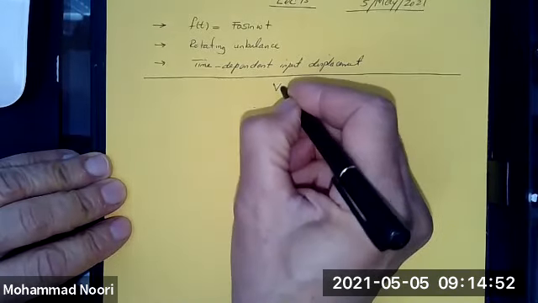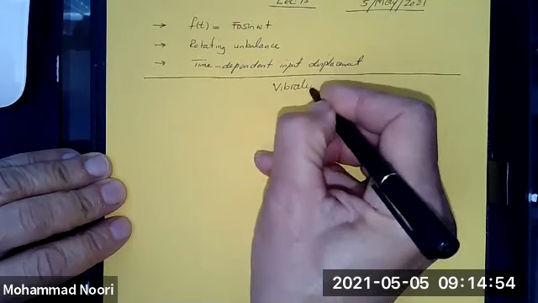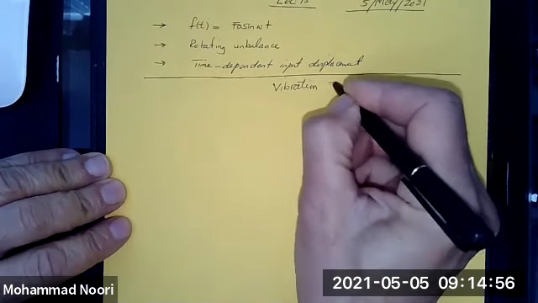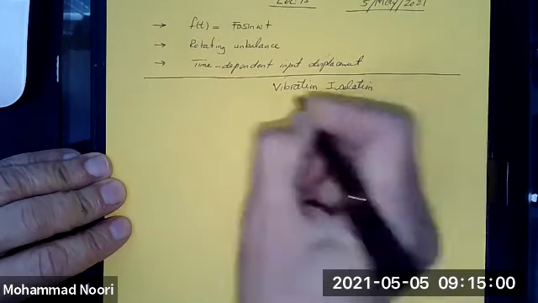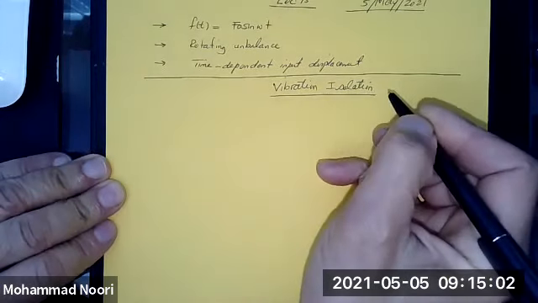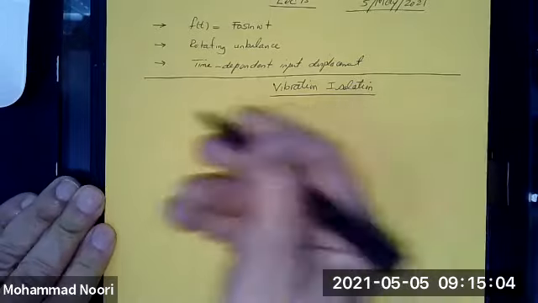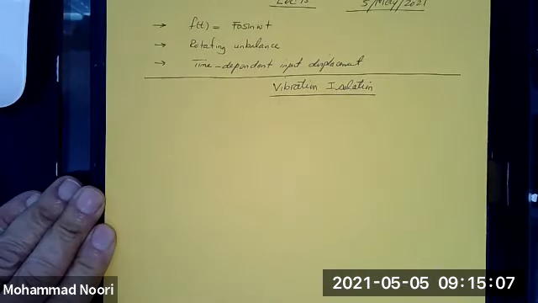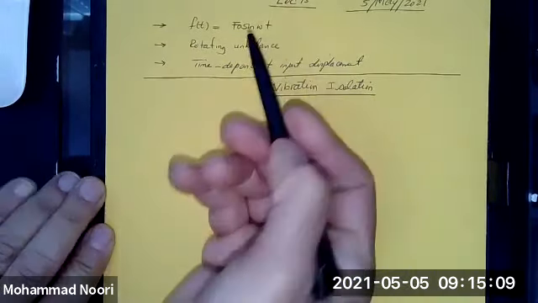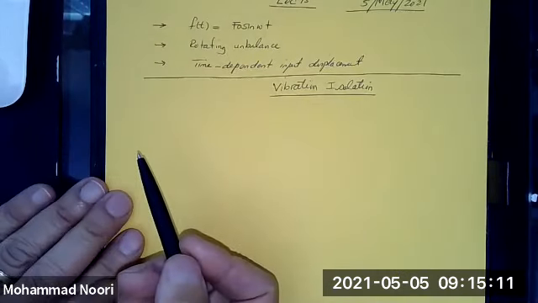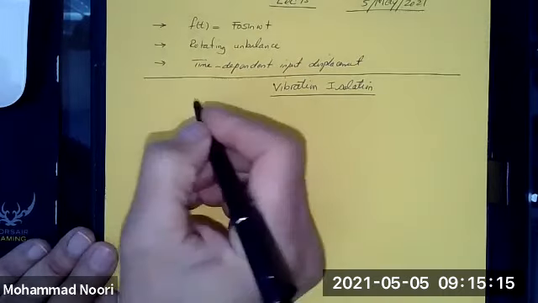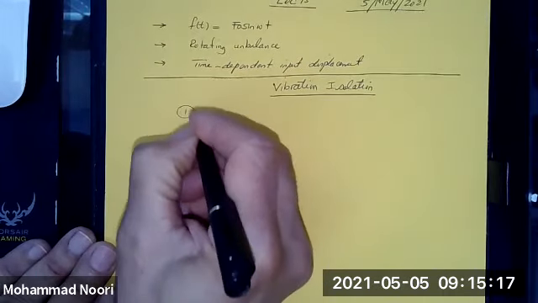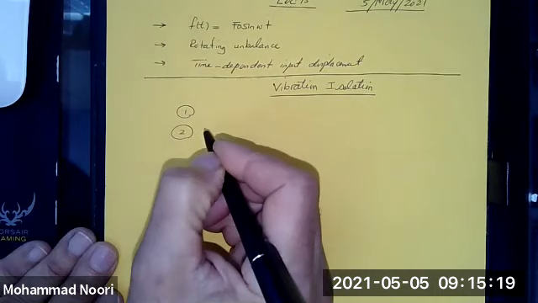So that brings us to a topic called vibration isolation. Okay. So what is vibration isolation? In at least studying harmonic excitation, we have realized that there are two sources of disturbance to a system.